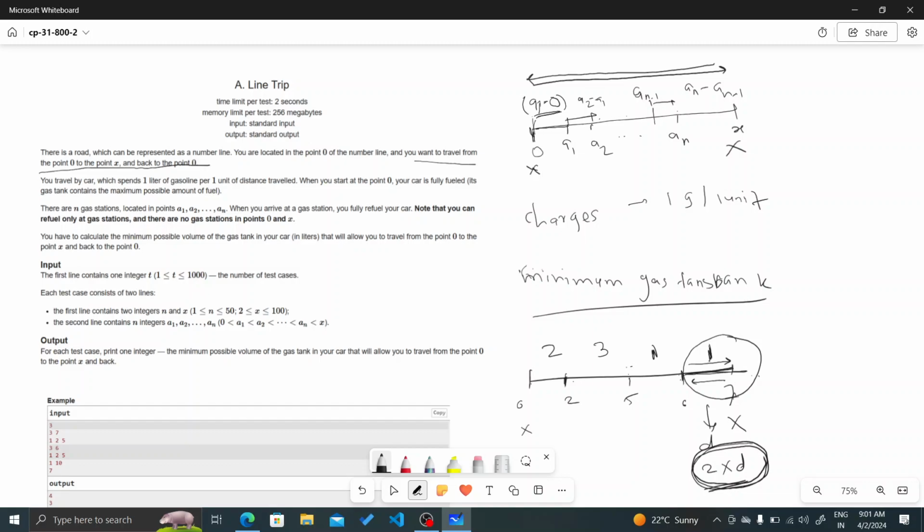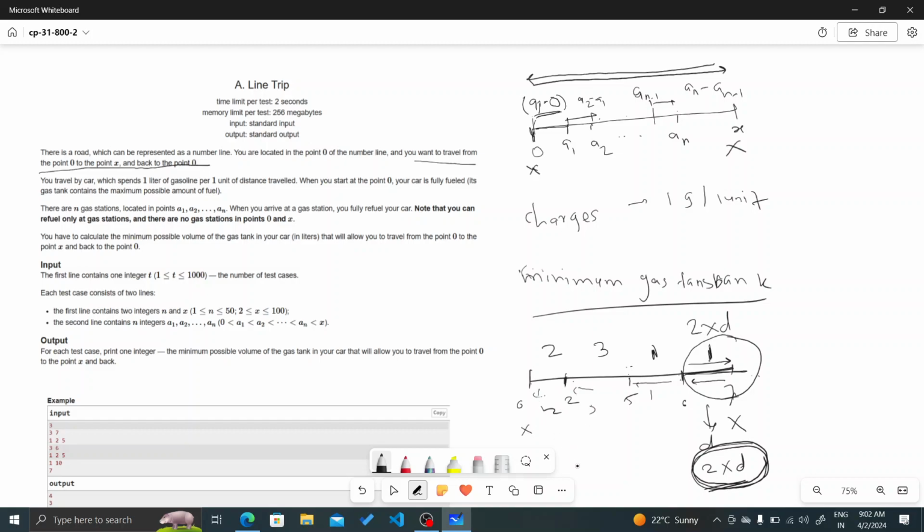So for traveling this segment, we should have 2 into D, considering this as the D distance. So this should be the minimum fuel tank size to travel this segment completely. From traveling from here, it will be 1. For traveling back from here, it will be 3.